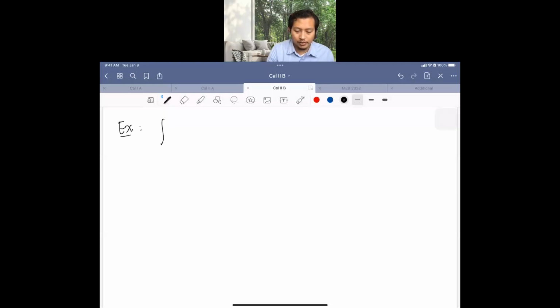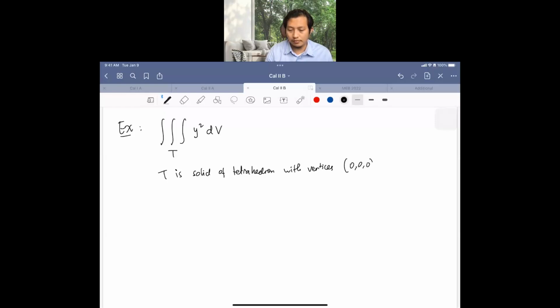We have the triple integral of y squared dV, and T is a solid tetrahedron, similar to what we had before, with vertices 0, 0, 0; 2, 0, 0; 0, 2, 0; and 0, 0, 2. So we need to evaluate this triple integral.